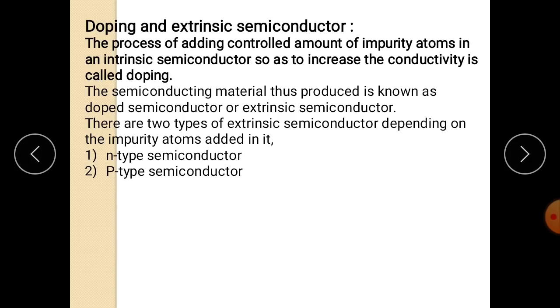The doping of the intrinsic semiconductor can be done in two ways, and depending upon the type of impurity atoms added, there are two types of extrinsic semiconductor: N type semiconductor and P type semiconductor.